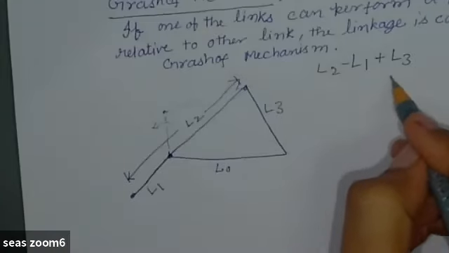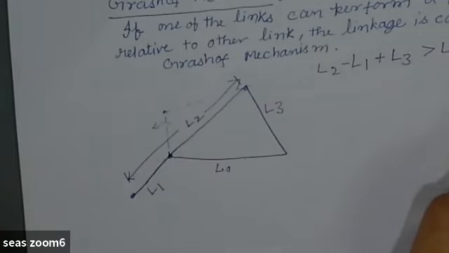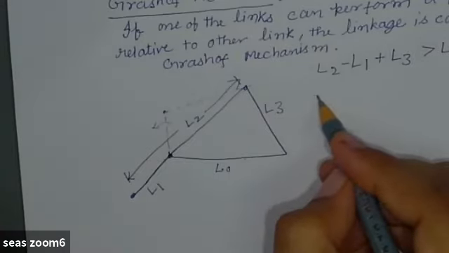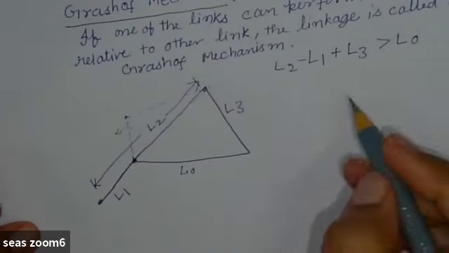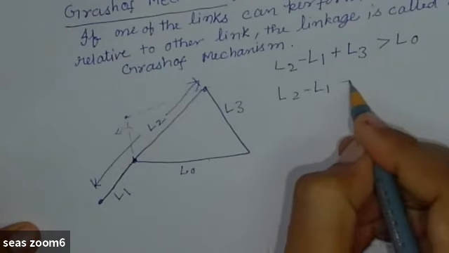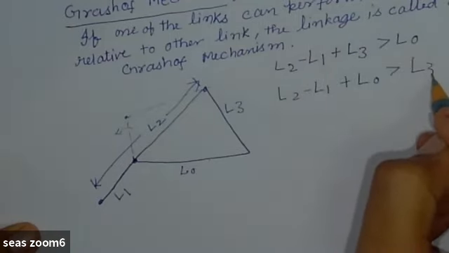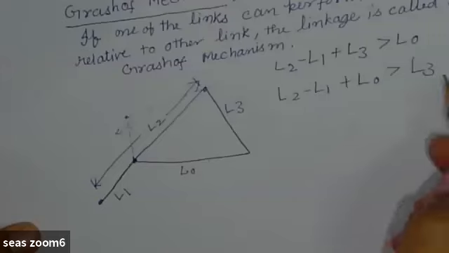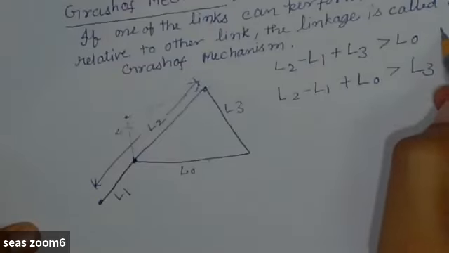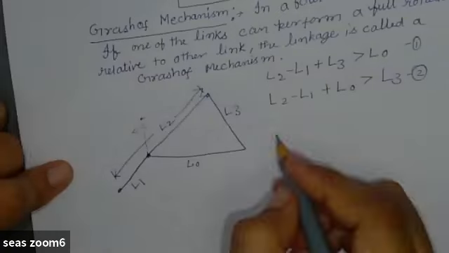So L2 minus L1 plus L3 must be greater than L0. Similarly, we can also write L2 minus L1 plus L0 is greater than L3. Let's say this is equation 1 and this is equation 2.